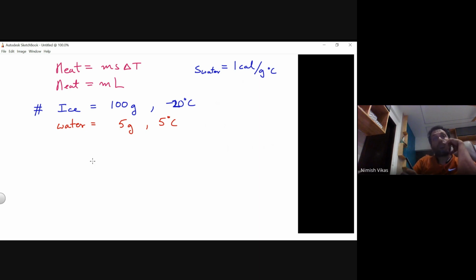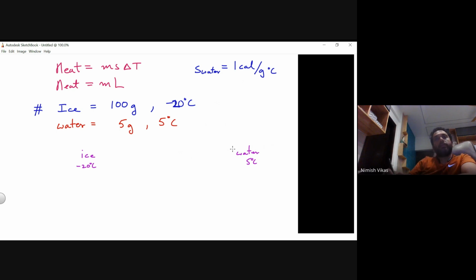Now, what's your approach? You have ice, you have water. One is at minus 20 degrees Celsius, one is at 5 degrees Celsius. So we have to figure out whether ultimately it will be fully ice or fully water or what, right?